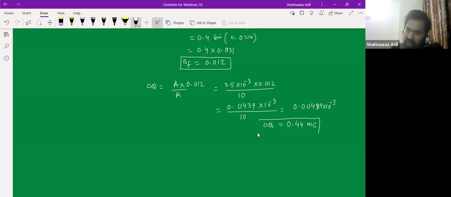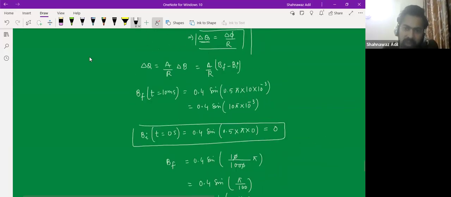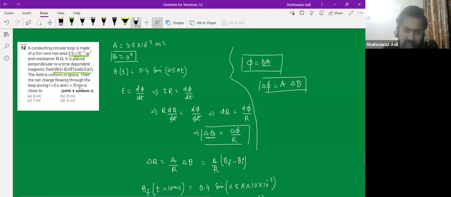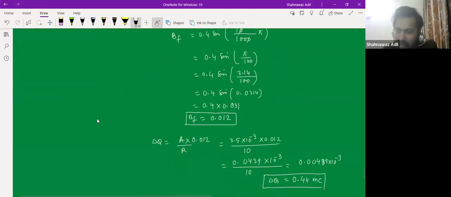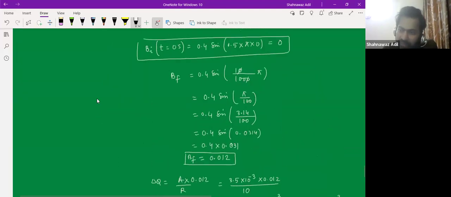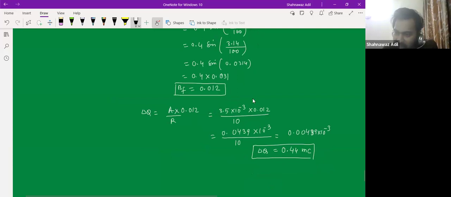There is a misprint in this thing. So this answer would be 0.4. The correct answer is 0.44 millicoulomb, right? This calculation is wrong. So the options are wrong and the correct answer is 0.4. Okay, but yeah, this is 10 to the power minus 3.